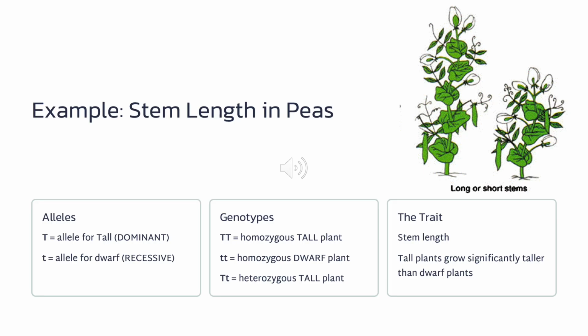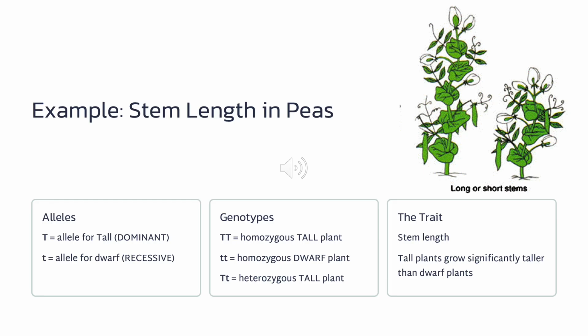So the trait is for the stem length. Tall plants grow significantly taller than dwarf plants. So the trait will express that you could see either the plant is tall or the plant is dwarf.